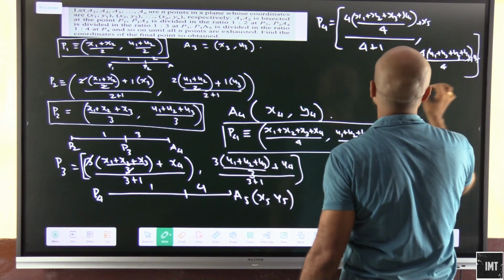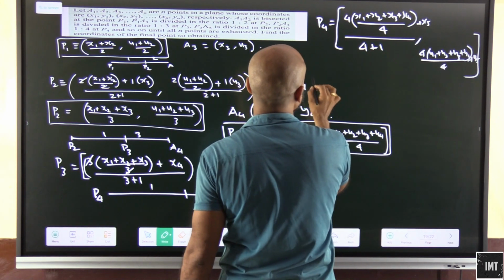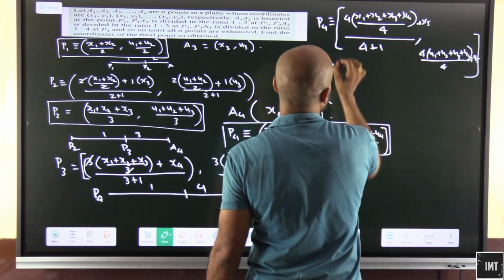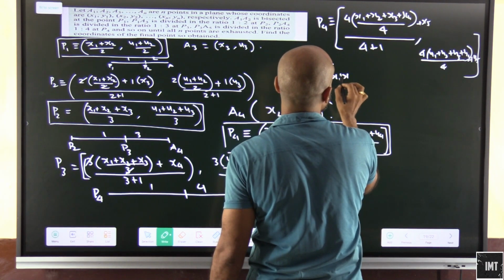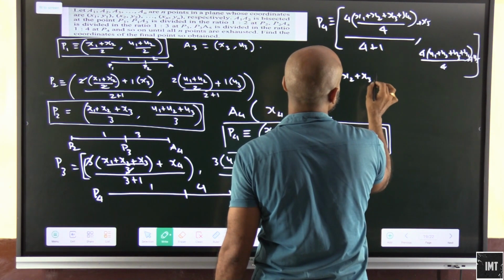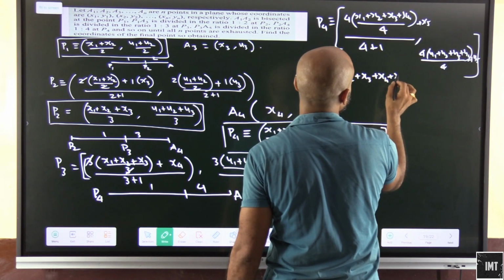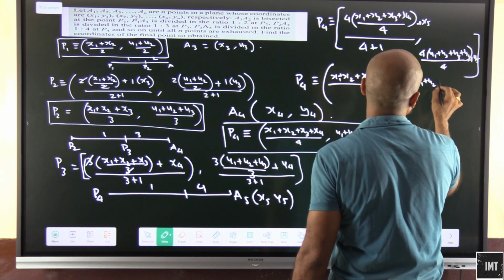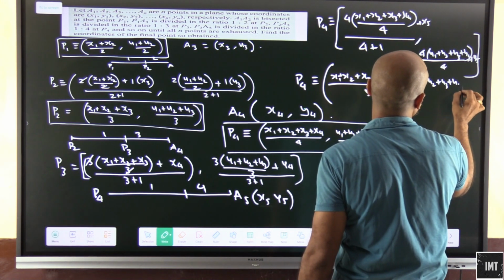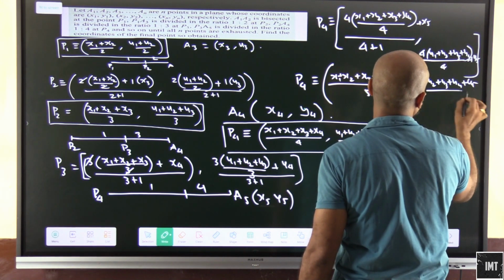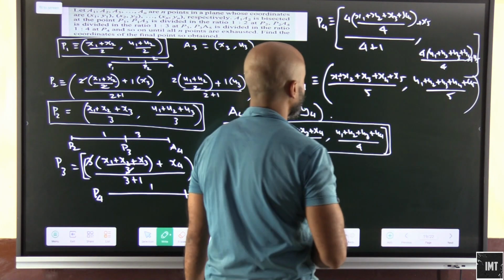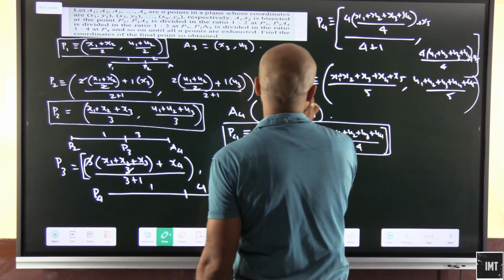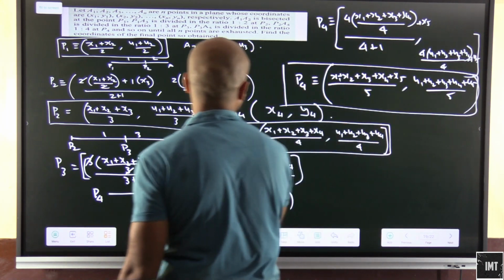Okay, so this is going to be, this gets cancelled, x1 plus x2 plus x3 plus x4 plus x5 upon 5, y1 plus y2 plus y3 plus y4 plus y5 upon 5. This will be basically the coordinates of the next point. Okay, so if we look into this, the trend is what?